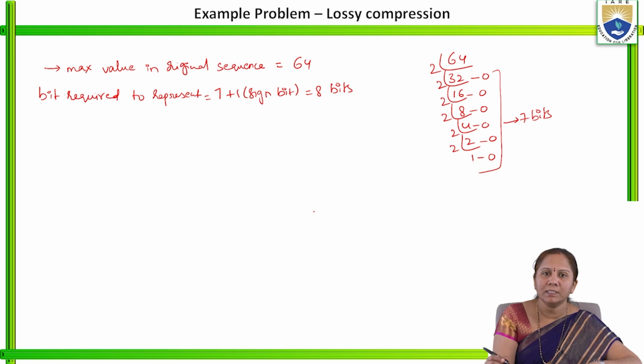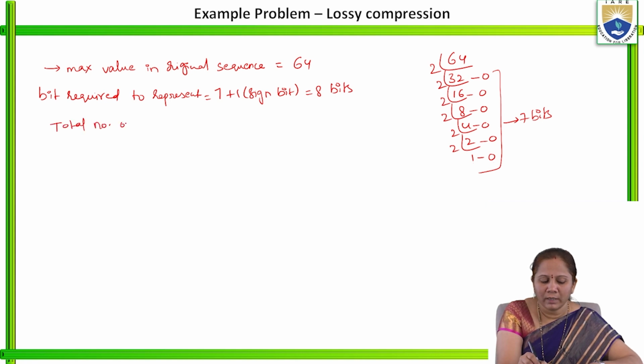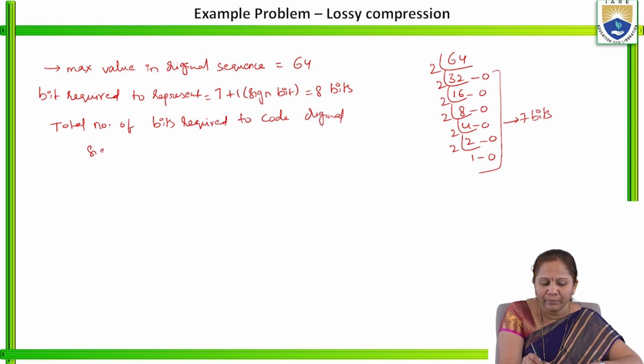But in the sequence, how many pixel values are available? Next, the total number of bits required to code the original signal.